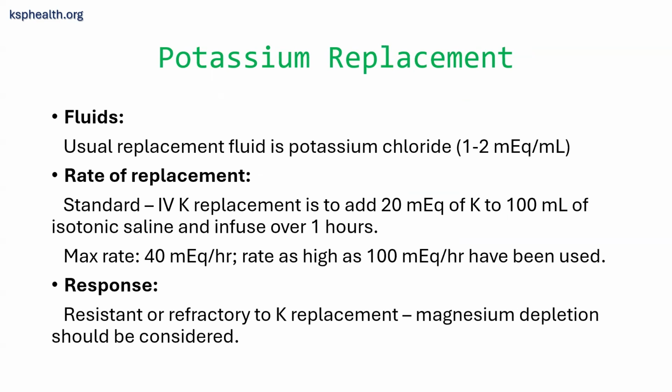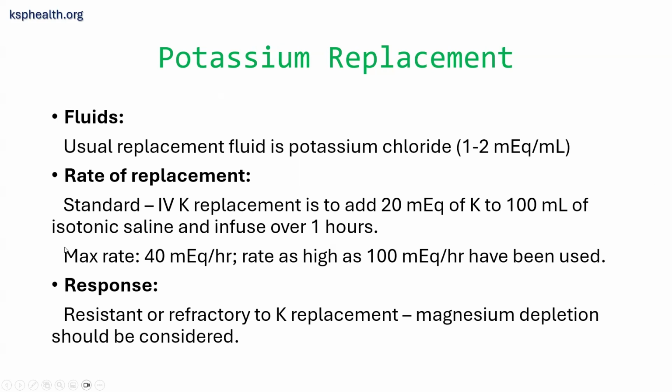The usual replacement of fluid is potassium chloride 1 to 2 milliequivalents per liter, which translates into 20 milliequivalents per liter. We automatically place potassium in the IV fluids as long as kidney function is fine. So when there is hypokalemia, we run 20 milliequivalents in 100 ml of isotonic saline infused over 1 hour.